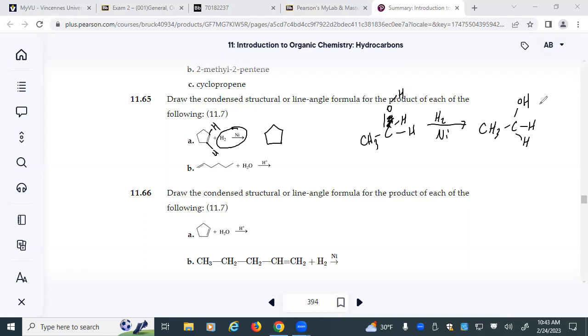Now, I will warn you on the exam, for whatever reason, the molecule drawing software I was using always labeled the terminal carbons, the carbons at the end. So even if they were CH3s, it would take the line structure and make a line and say CH3 at the end. I'll give you instructions on the exam to ignore that.